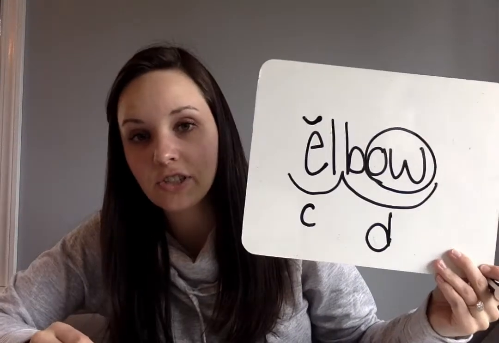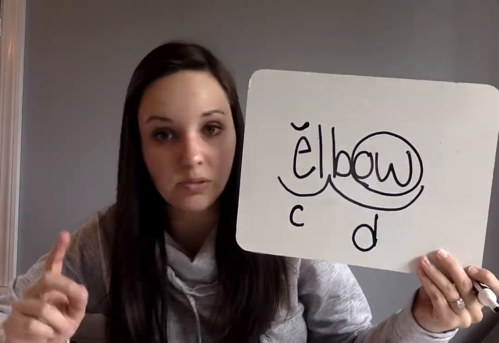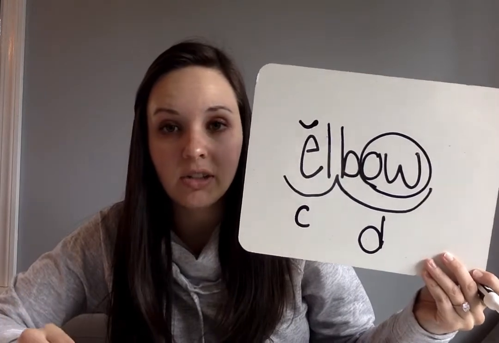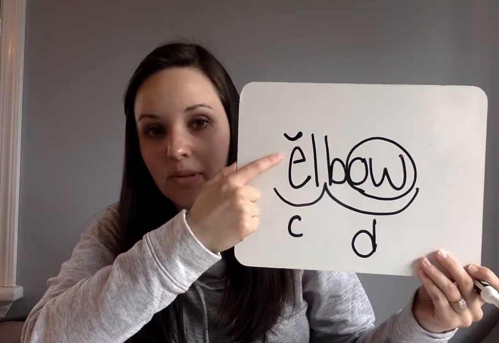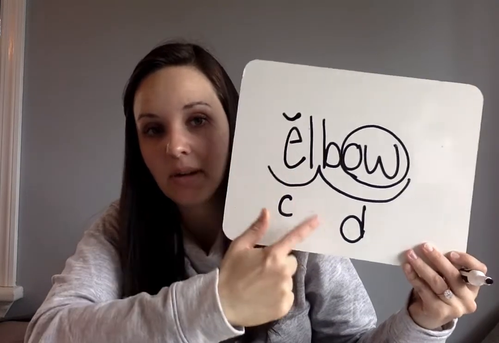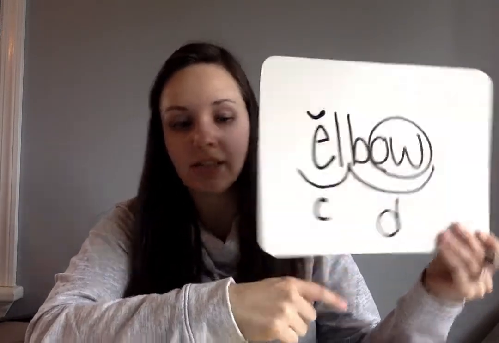Elbow. So for elbow, you should have two scoops. The first scoop is EL, just one L, and then bow. So this is a closed syllable. It says E-ed-e, so we put the breve over the top. O-W gets circled, D underneath.